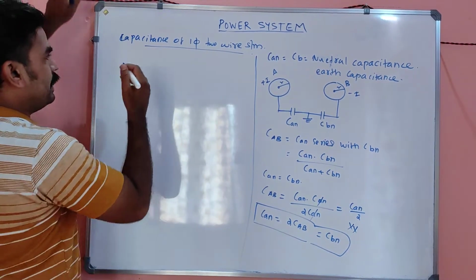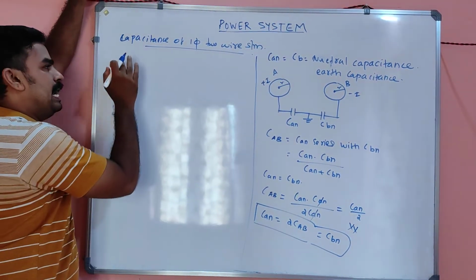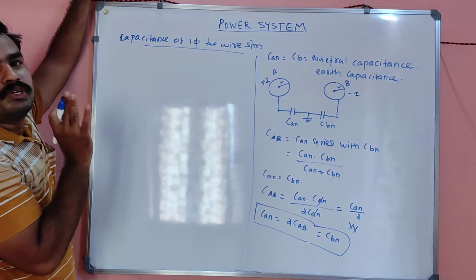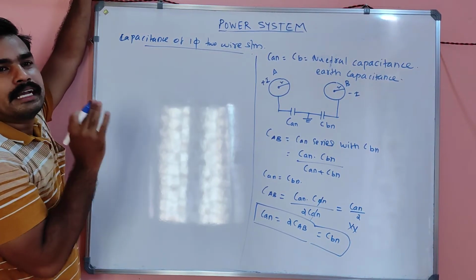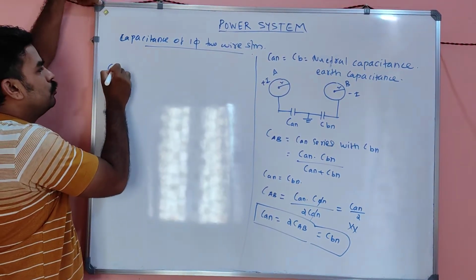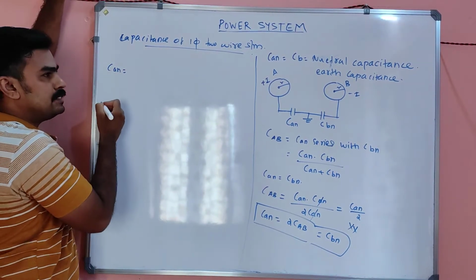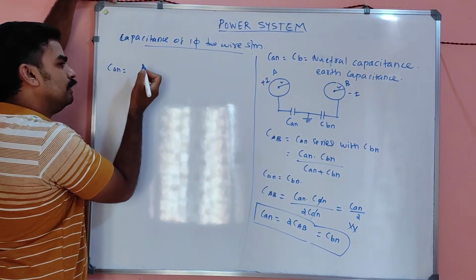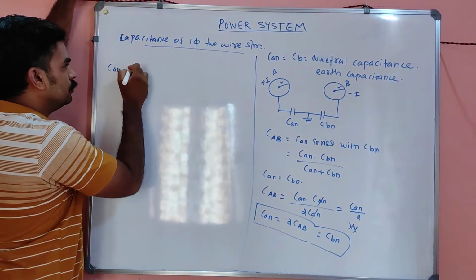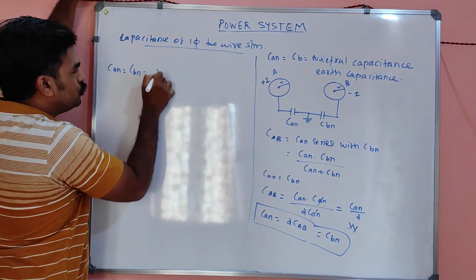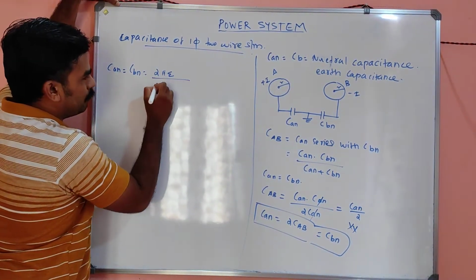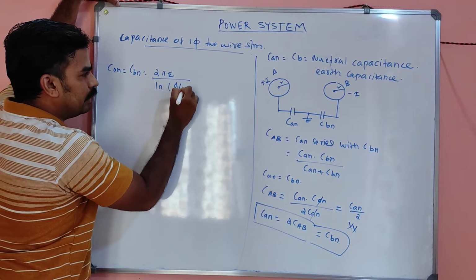So the capacitance between a line and the neutral is calculated as follows. The capacitance between line and neutral, CAN equal to CBN, or simply C, is equal to 2 pi epsilon divided by ln d by r.